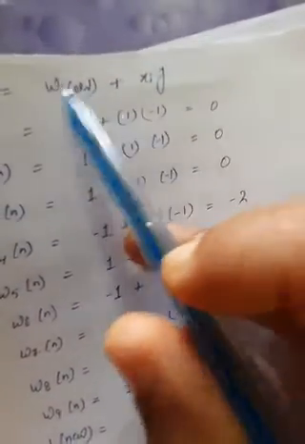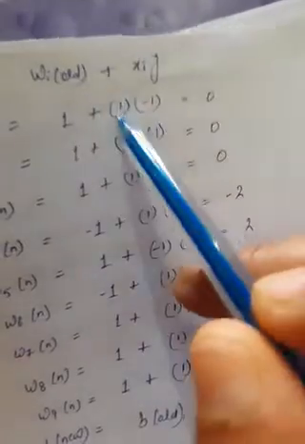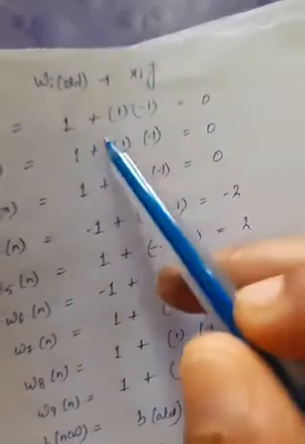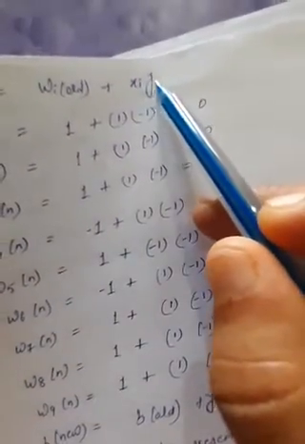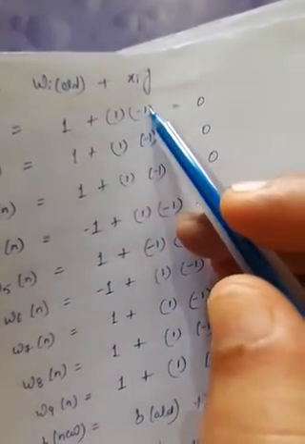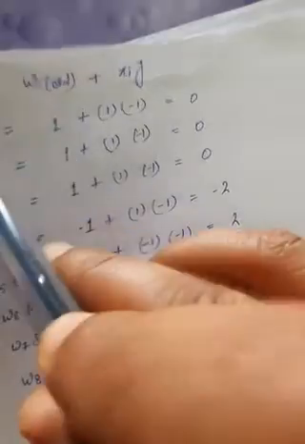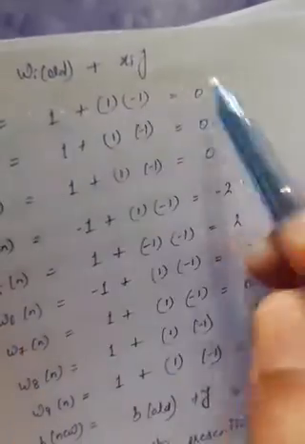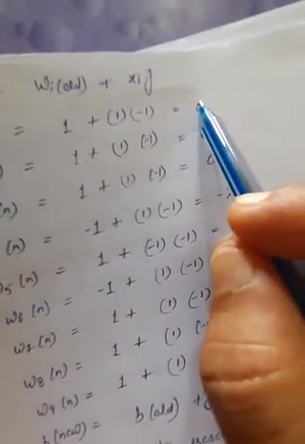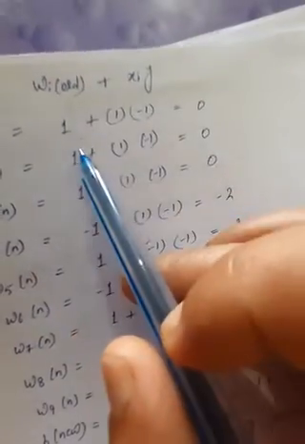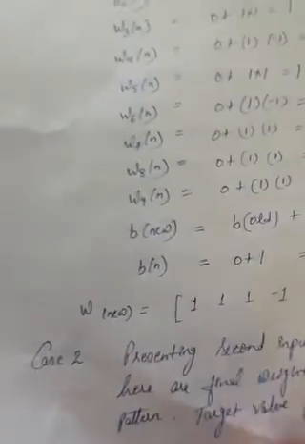Now wi new is equal to wi old, which is 1, plus the value of input vector, which is 1, times the target value for this case, which is minus 1. So the value of w1 new is 0. For w2 new, what is the value of wi old? It is 1, as you see here.